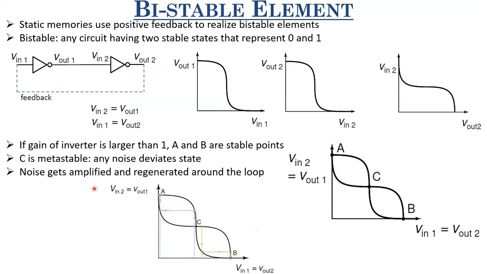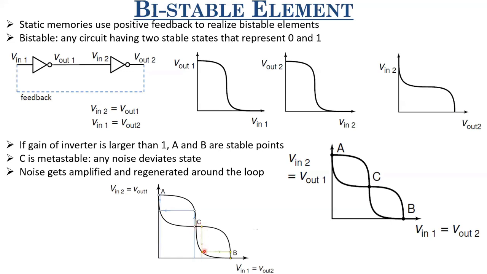So a small deviation in the noise gets amplified and regenerated, and we reach either point A or point B depending upon the noise direction. Similarly, our quiescent point would be VDD by 2. If it is shifted by noise from VDD by 2, it would be greater than VDD by 2.